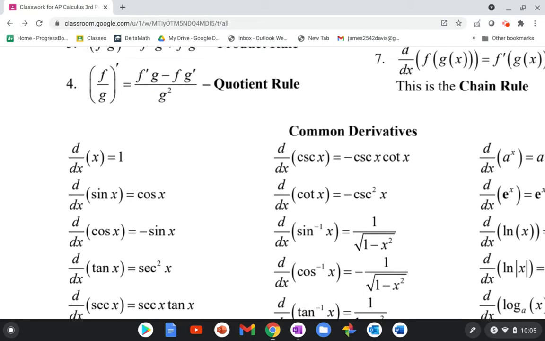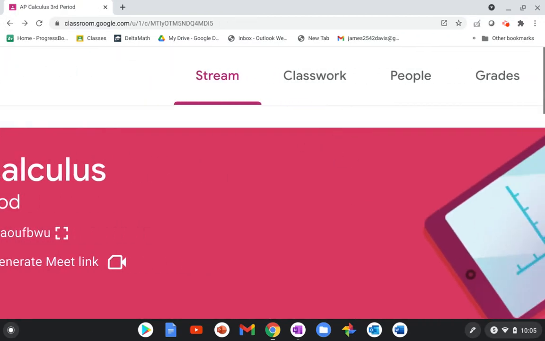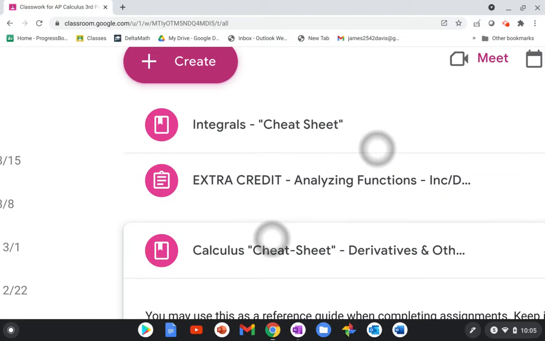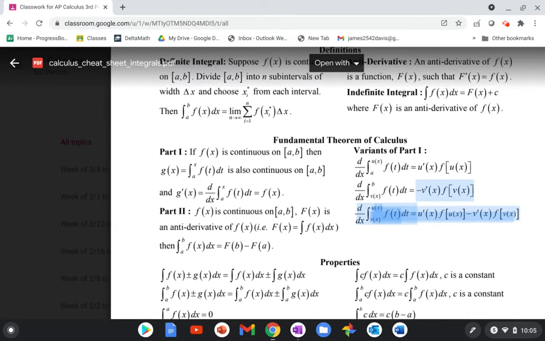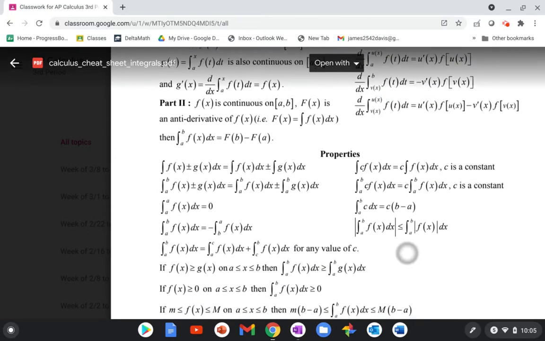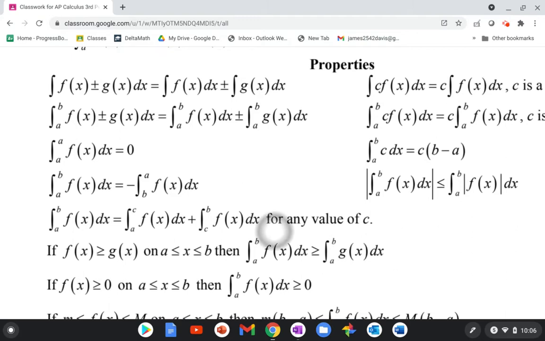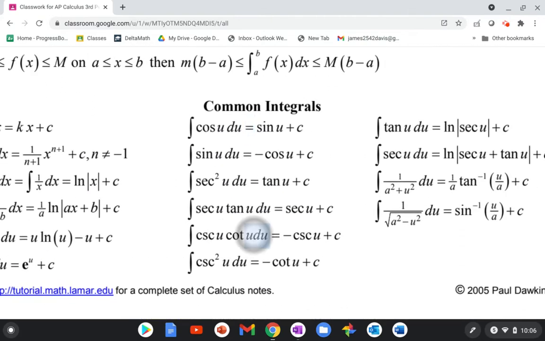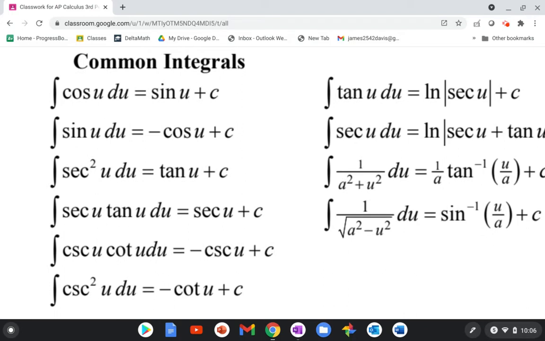I did also post an integral cheat sheet on the class page. This integrals cheat sheet has some techniques we'll be talking about pretty soon. It talks about how you can split them up, basic things we've done. As far as the trig functions, you'll see the integrals of trig functions. It uses a u in there instead of an x, but same deal.